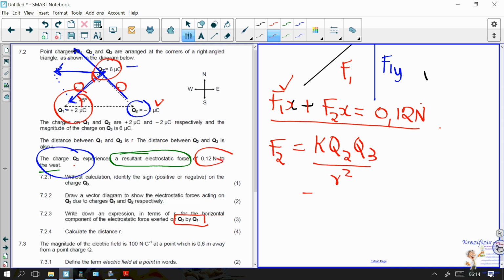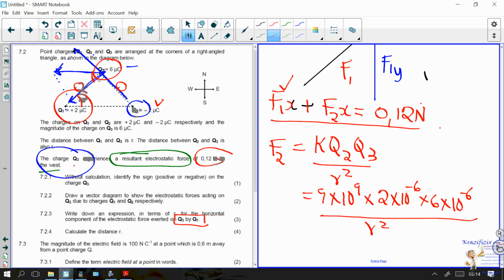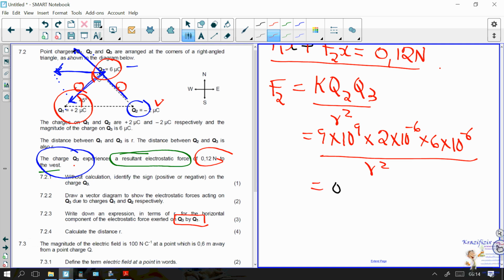R squared. 9 times 10 to the power 9. What's my Q2? It's 2 times 10 to the power negative 6 times 6 times 10 to the power negative 6 over R squared. Remember earlier on, we got 0,108 over R squared.